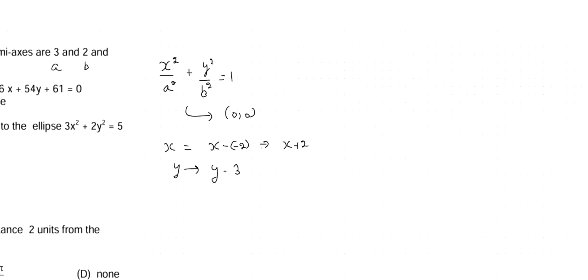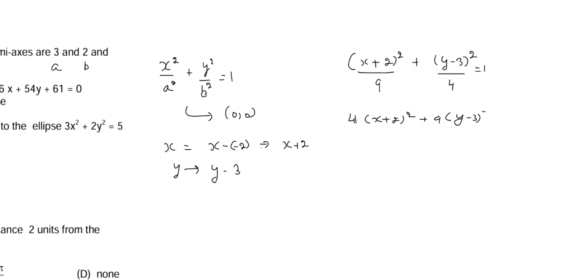After making that modification, you will get the equation. So we have (x plus 2) whole square by a square, and a is 3, so 9, plus (y minus 3) whole square by b square, which is 4, is equal to 1. Now you can take LCM and cross multiply. So we will have 4 times (x plus 2) whole square plus 9 into (y minus 3) whole square is equal to 4 into 9, 36.